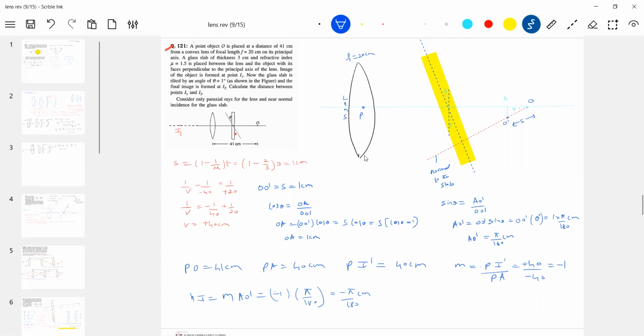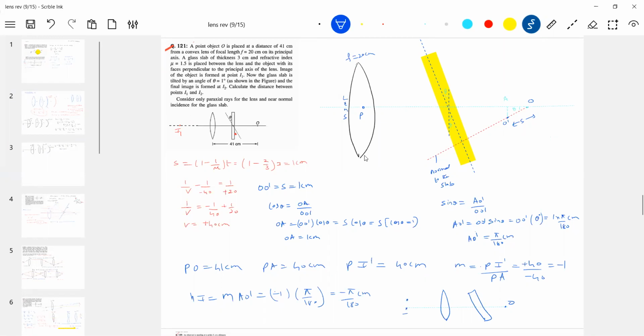So it will slightly shift above. I'll try to give one diagram. This will be the image. It will be somewhere here.